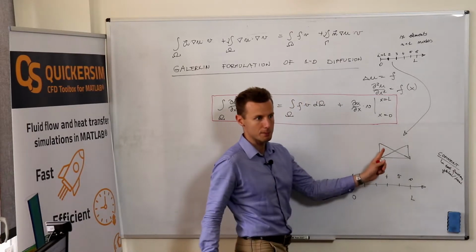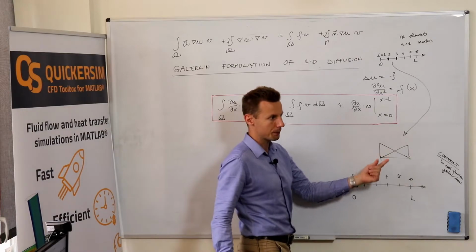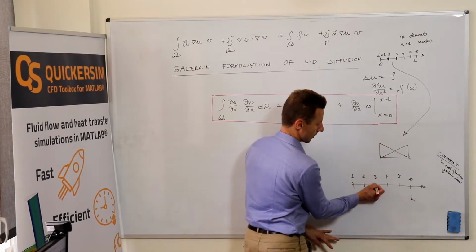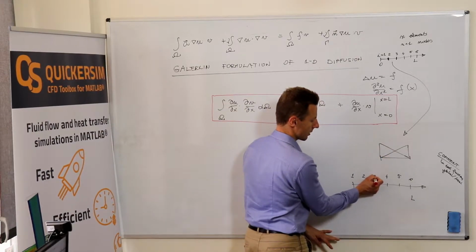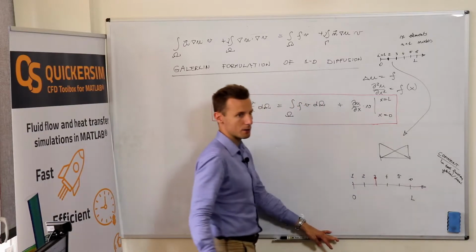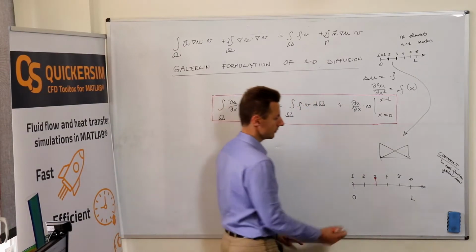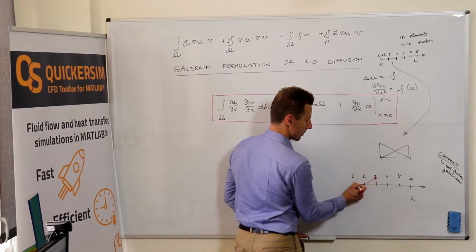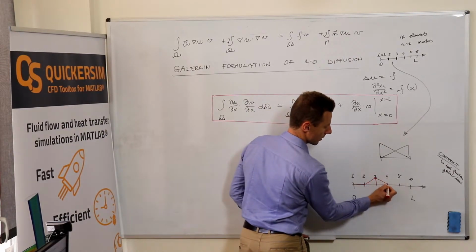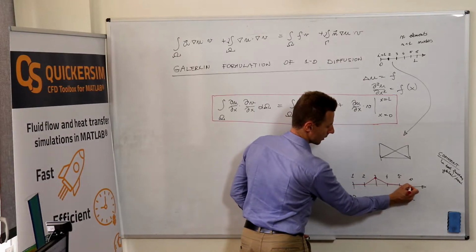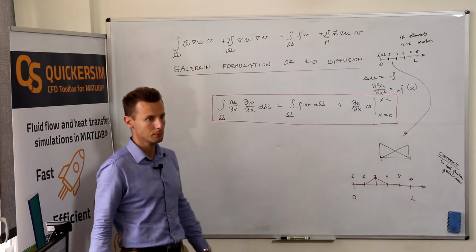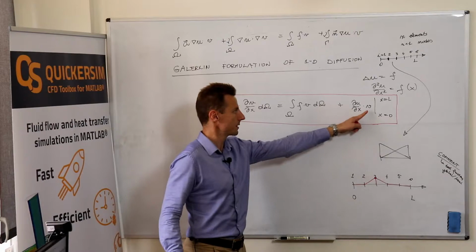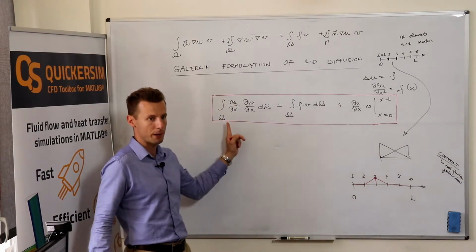If we already exploit the linear one-dimensional element, this means that the test function at node 3 has got value of 1 and 0 at all the other nodes, which means it looks like that. And it needs to be integrated over the whole domain.